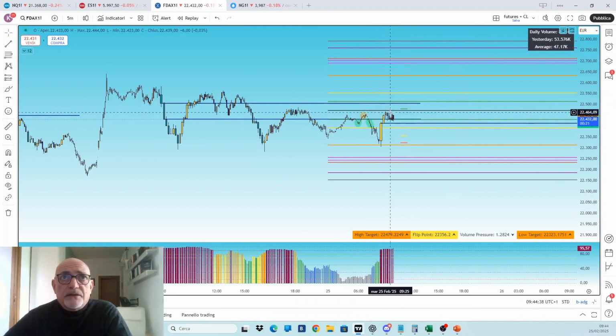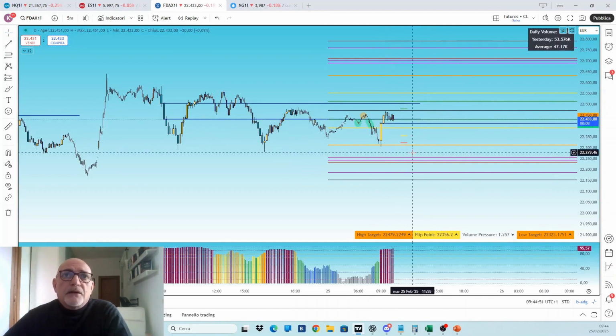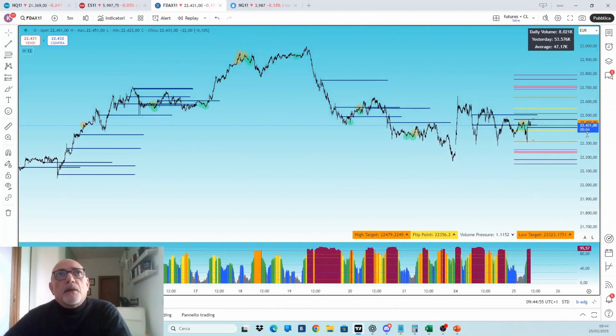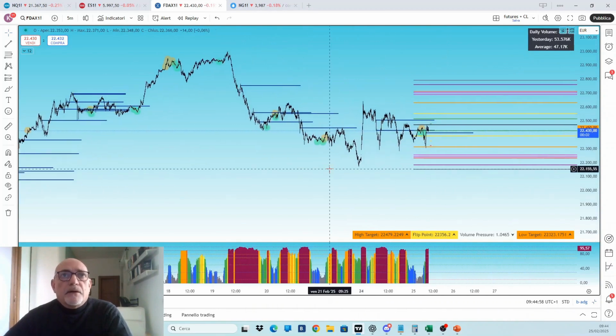In short, there's a bit of maintenance. And now we are working between the HV level and this KSP level, which was formed right here at the opening of the German market. So there's also an action to monitor here, even in Germany, you know, after the election results on Sunday.